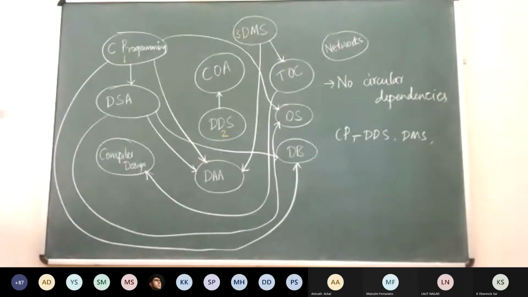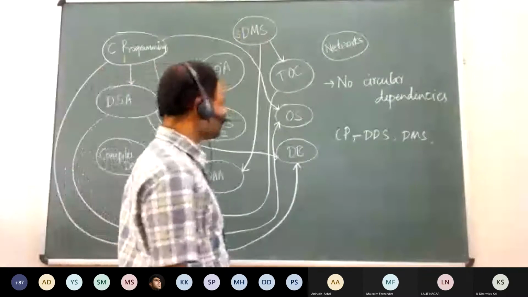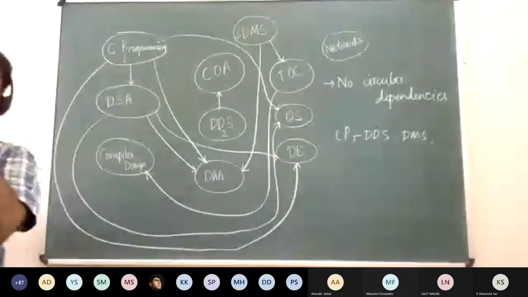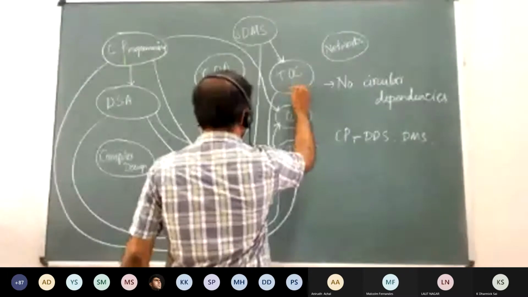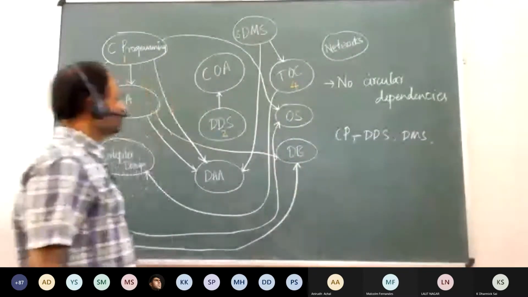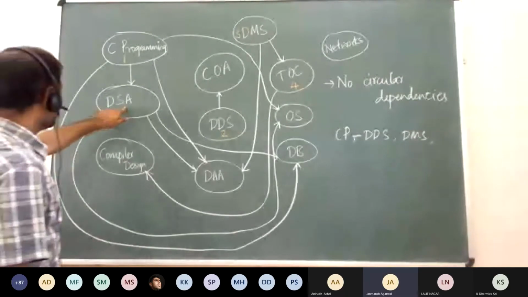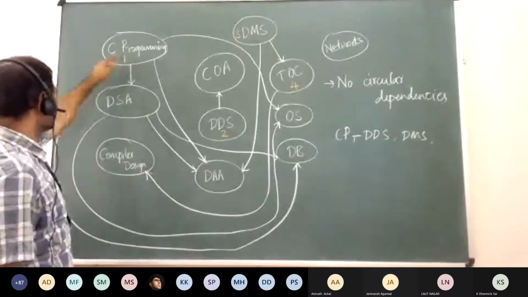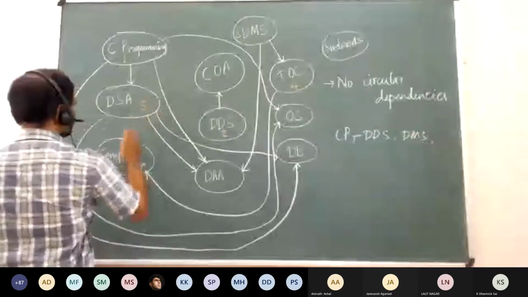Maybe you can even say C programming can be a prerequisite, for people to know something. You can give this as number 4. Then what do I do after this? The DSA or computer design. You can even put DSA because its prerequisite is done. So you can give this as 5, right?